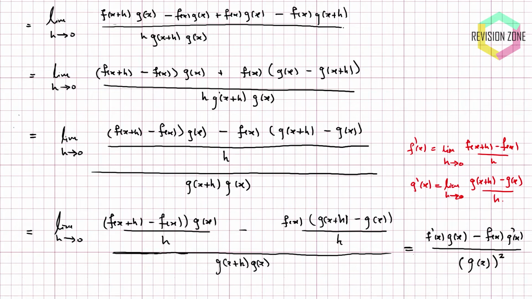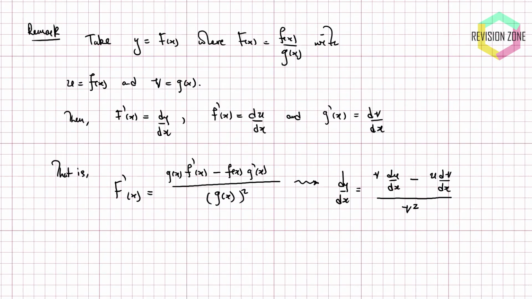Let's now go and see what this would look like in Leibniz notation. So as we can see, we can convert the entire argument into a sort of very different notation. So if I define my function capital F of x to be y, and of course we define capital F of x to be lowercase f of x over lowercase g of x, then I've got to define the lowercase f of x and lowercase g of x in terms of different variables.